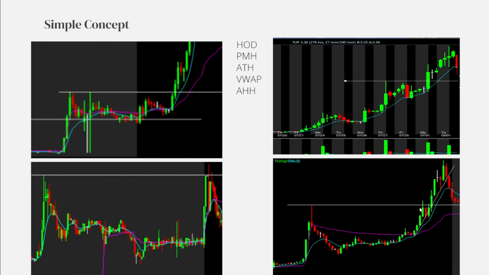However, retests should generally break on the first retest. If a stock fails to break out after the second retest, I start to become a little bit more bearish on it, because professional traders are going to identify that as a non-breakable resistance and start building short positions based off of those levels.